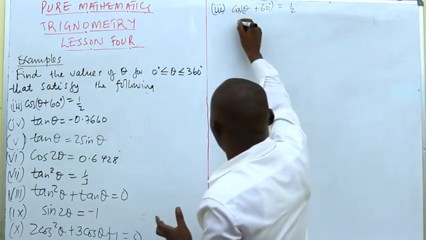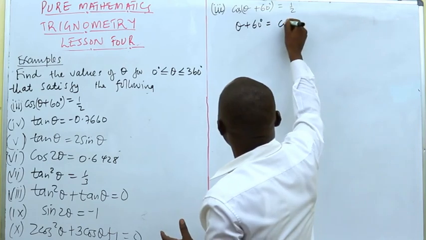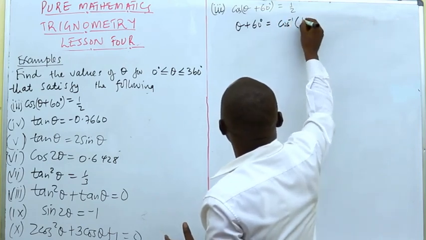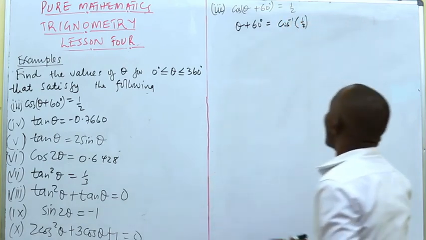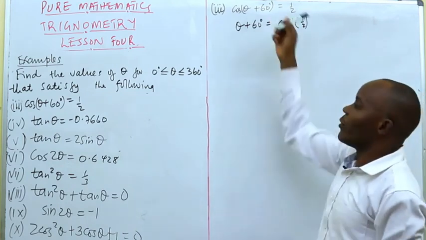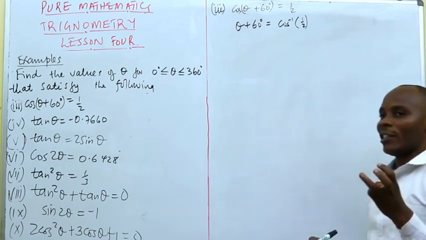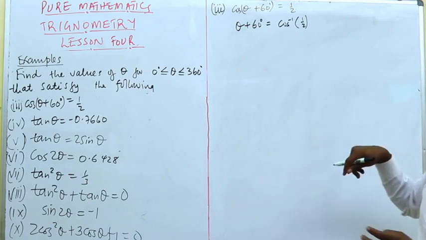So, theta plus 60 degrees is equal to the cos inverse of a half, or the arc cos of a half. Now, first of all, a half is positive. Cos is positive in the first and fourth.